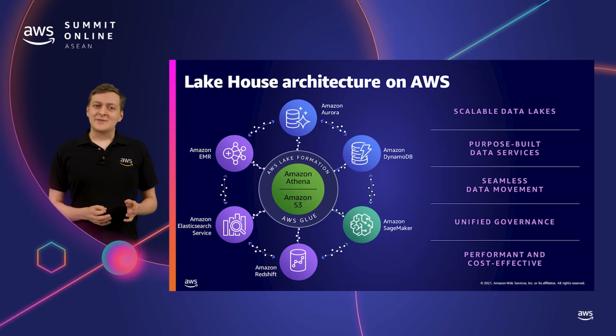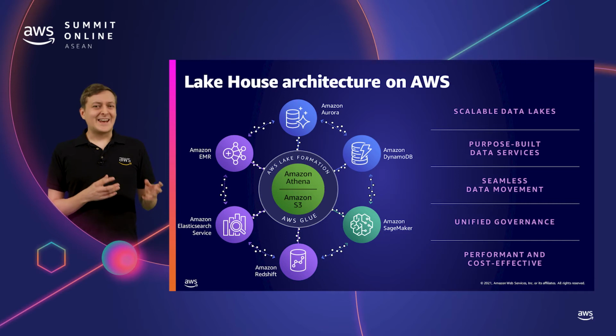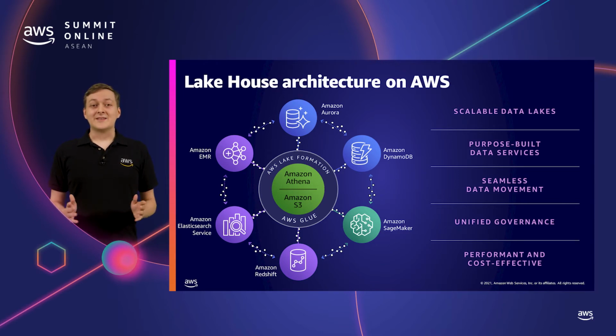And services like Amazon Athena for serverless querying of data stored in S3 via standard SQL, and AWS Glue for serverless data integration and ETL bridge traditional gaps between what we might call data lakes for unstructured stores and data warehouses for structured data. The result's an ecosystem of services that allows solutions to use the right tool for the right job, but still deliver seamless data movement between tools with unified governance.